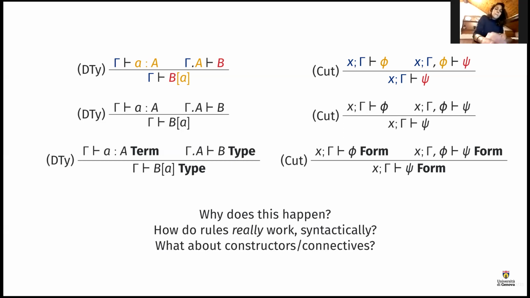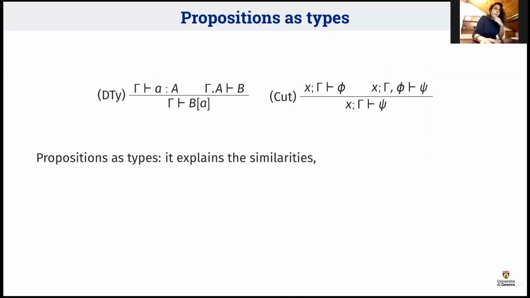Since in common deduction systems the way you put in constructors and connectives is just by adding new possible rules regulating how the constructor or the connective acts, a question about rules is a question about constructors and connectives. So we'll try to answer some of this during this talk.